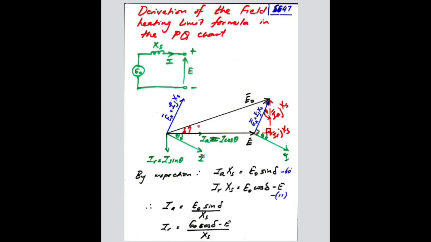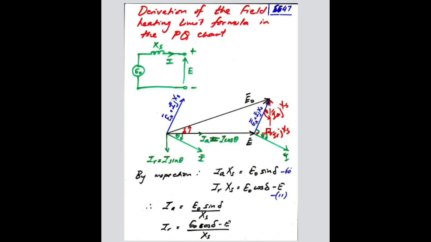Another way you can determine this is by resolving E naught with respect to delta, right? So if you resolve E naught vertically with respect to delta, you will get for this part E naught sine delta.